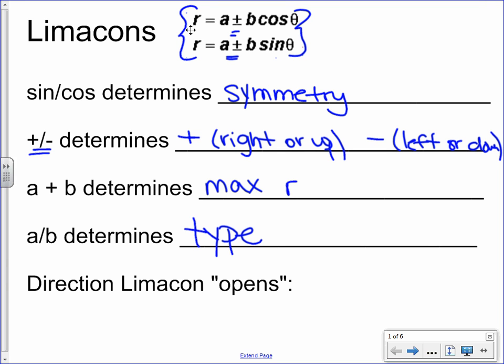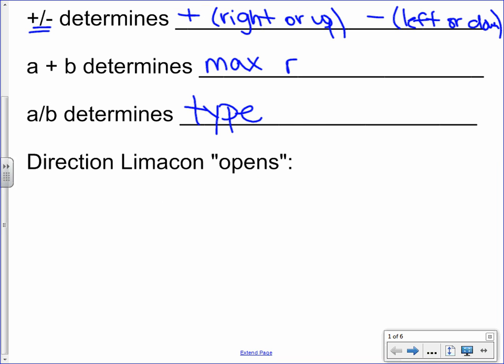Okay? So let's bring this all together. If we have a plus b cosine of theta, then a majority of our graph is going to be where? Okay, a majority of our graph is going to be to the right.